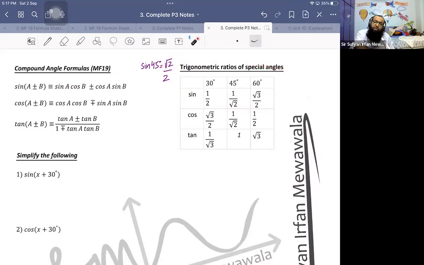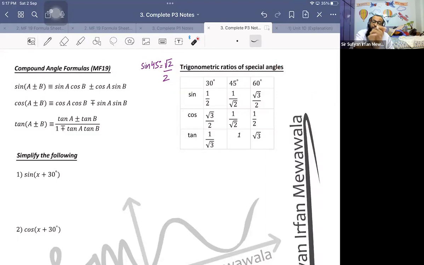Why are we not finding the decimal values initially? Why are we giving exact terms? Because that is the requirement of most of the questions in P3 as well. Give your exact answer. Give exact coordinates. Give exact values of angle.